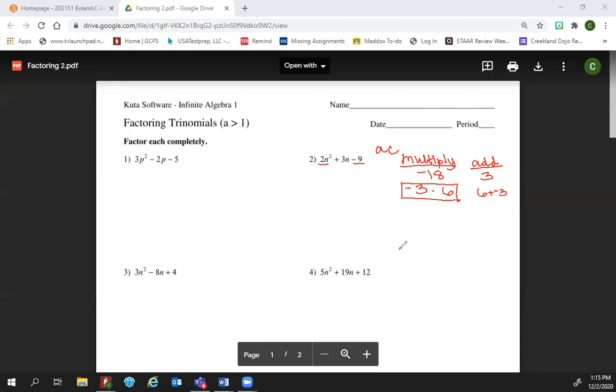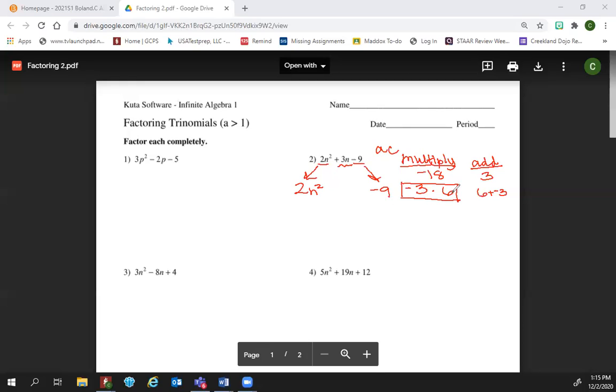What do I use those 2 numbers to do? I replace it with the middle, right? The 2 numbers that I drop down are what? The 2n squared and then the -9, right? And then I have this -3 and 6. Some people would be like, oh, which one do I put first?